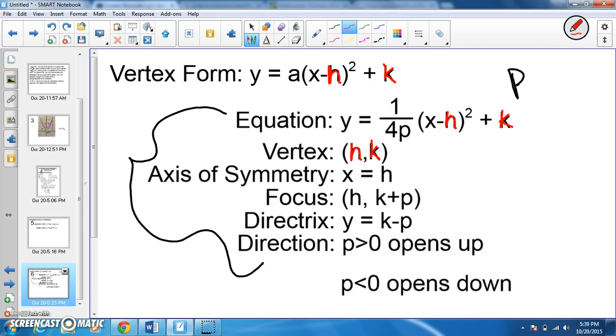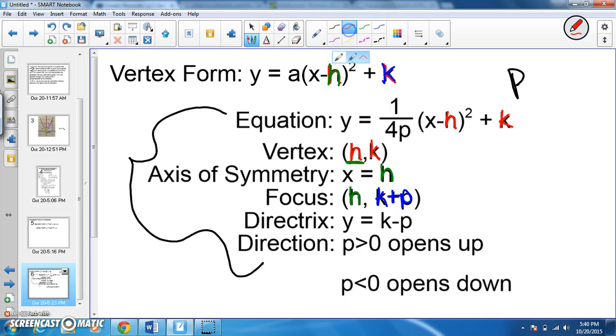If we want to write the equation of the line for our axis of symmetry, it's a vertical line, so x is equal to h, because it's going through the x coordinate of our vertex. Our focus, which is also aligned with our vertex and axis of symmetry, is h, and then our y coordinate is k plus p.